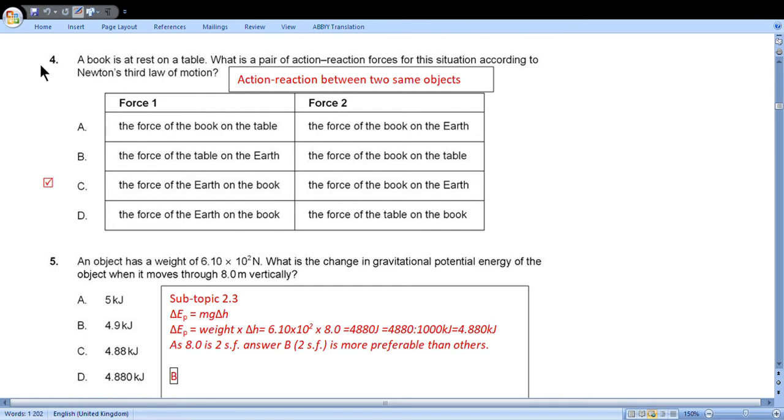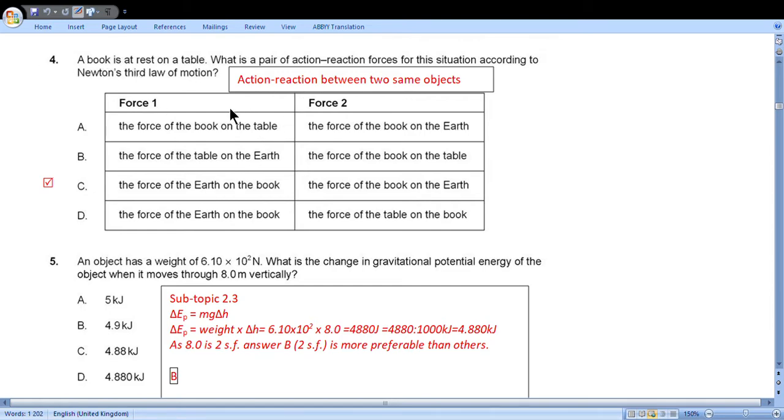Question 4. A book is at rest on the table. What is a pair of action-reaction forces for this situation according to Newton's third law of motion? In Newton's third law of motion, we talk about two objects, A and B, and the forces with which they act on each other are equal.